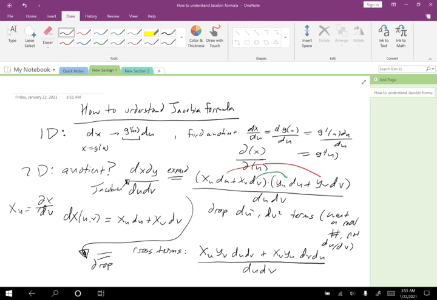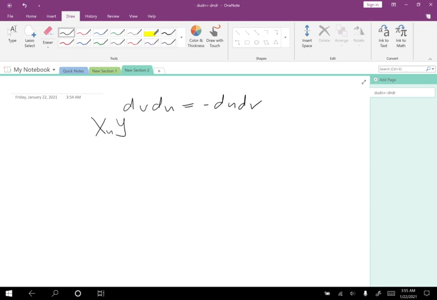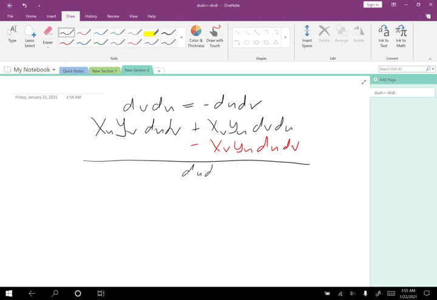So if we look at this formula, xu yv du dv plus xv yu dv du, we now have a minus sign, xv yu du dv, and this is all divided by du dv. We end up with exactly that determinant. That's the desired Jacobian.